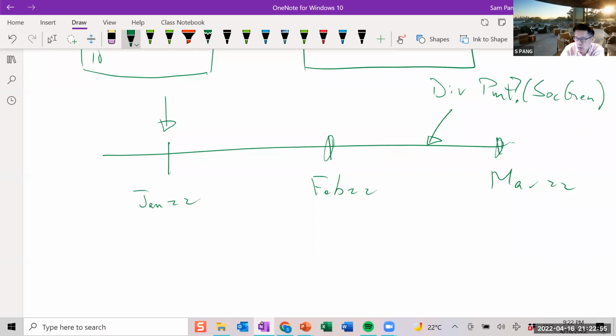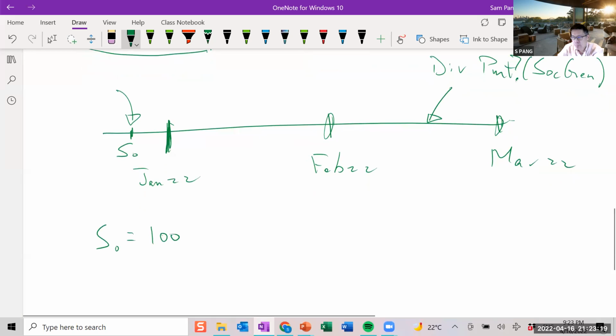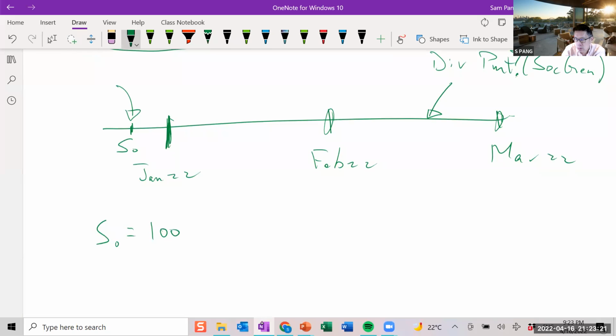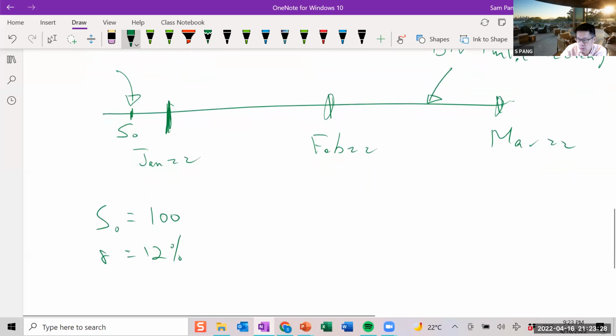Imagine this. So before this SocGen thing blew up, before the market even knew, let's just say at this point, S0 is equal to 100, and if the interest rate was 12%, now I know these are high numbers, but it doesn't matter.